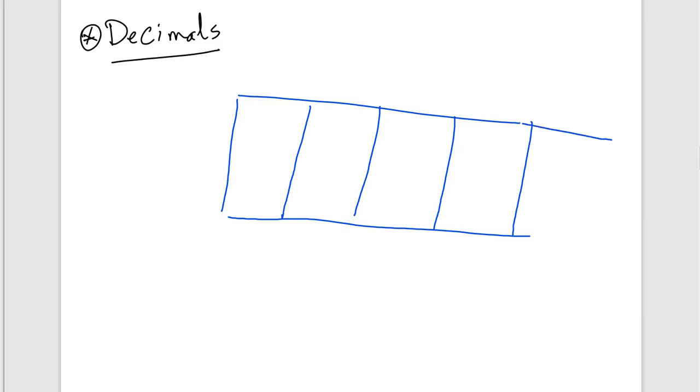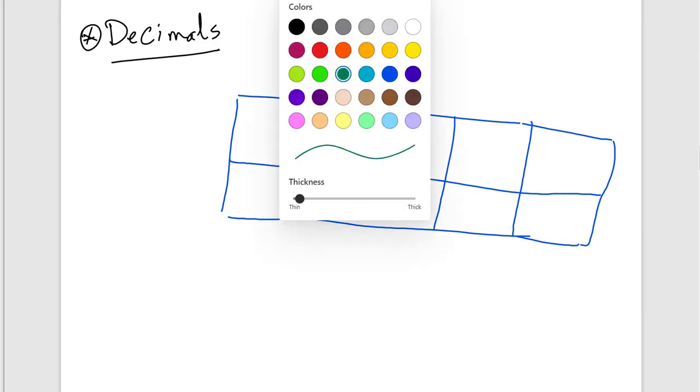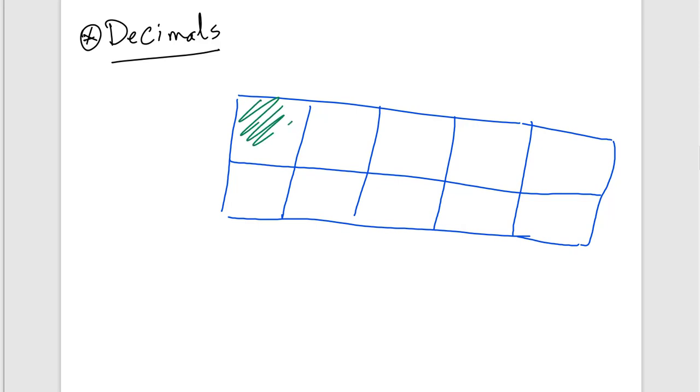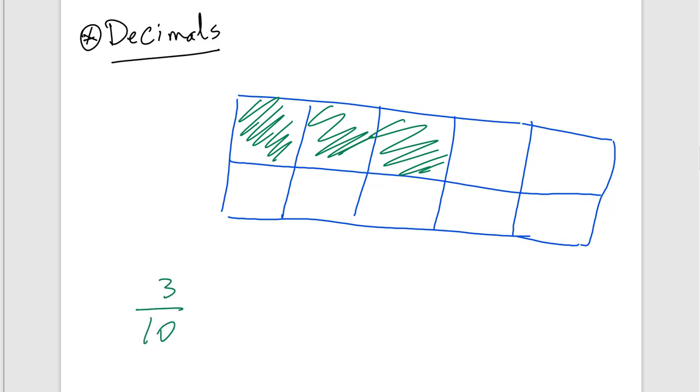Okay, one more. Here I have 5 parts. I will divide this into 2 halves, so I have here 10 equal parts, and if I shade 1 2 3, if I shade 3, so this is 3/10, and we can write it 0.3. So 0.3 is 3/10.